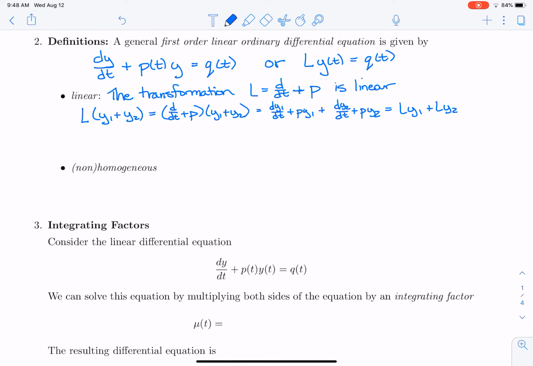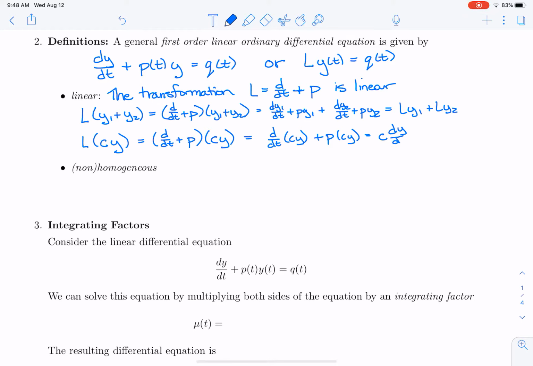Okay, what happens when we do L to a constant multiple of y? Okay, so we're going to do d/dt plus p done to a constant multiple of y. Okay, so that's d/dt done to cy plus p times cy. And that is going to be c dy/dt plus c py.